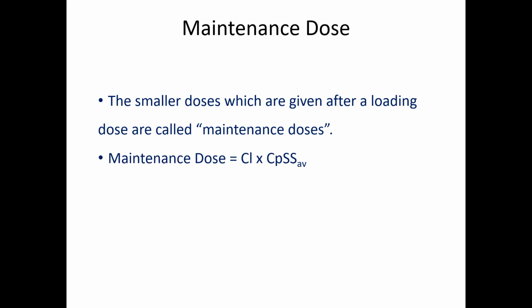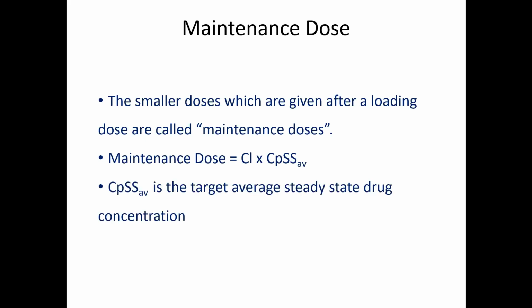So it is the maintenance dose which has to be modified and adjusted in case of renal dysfunction, not the loading dose. Clear? CPSS means average steady state plasma concentration.